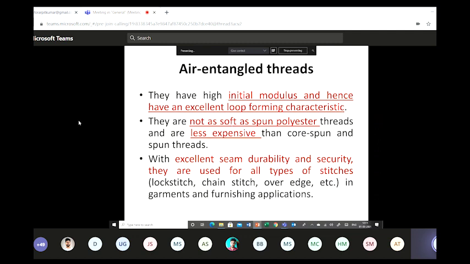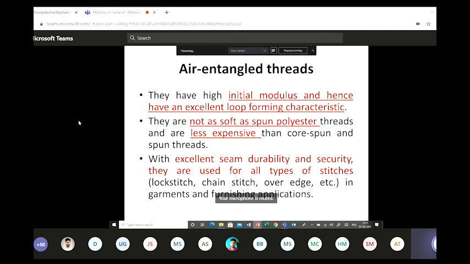They get air entangled threads. Simply you pass the two sets of filaments into the air nozzles, and they are able to make it. So it's a single step process. The starting material is the multi-filament yarns, and you pass them through the nozzle and you get the entangled yarn. The entangled yarn you can ply, and you make it an entangled thread.